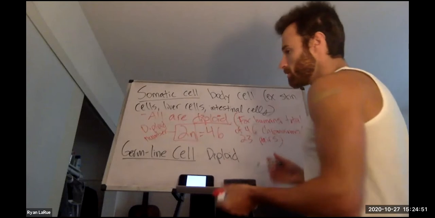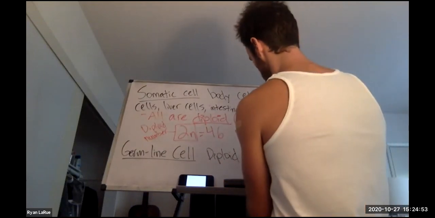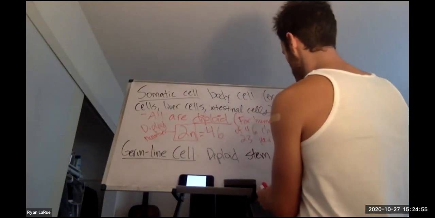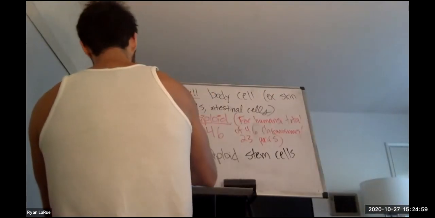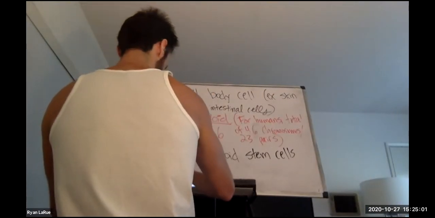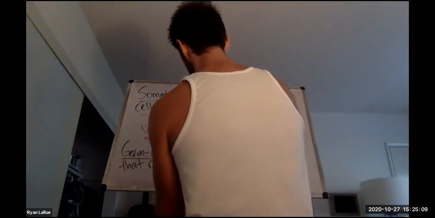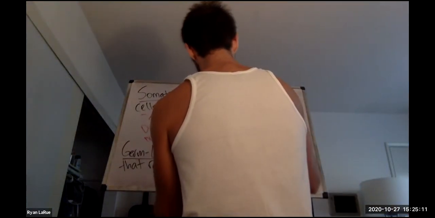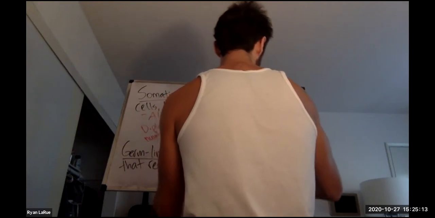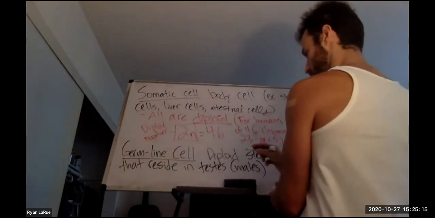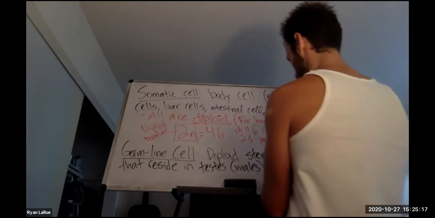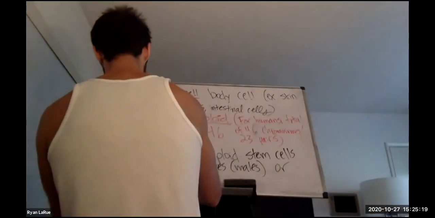But they're special stem cells. So they're diploid stem cells that are located, for males, in the testes. So in testes, this is for males. And for females, the ovaries.